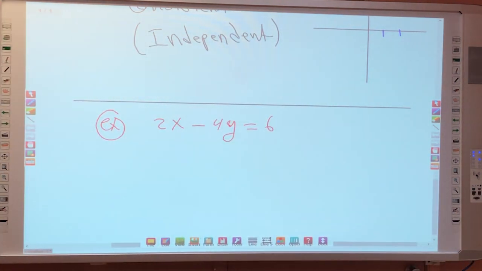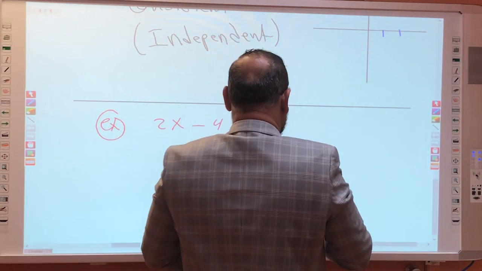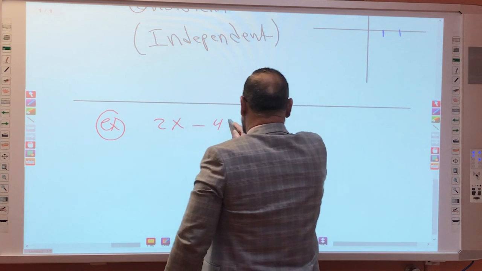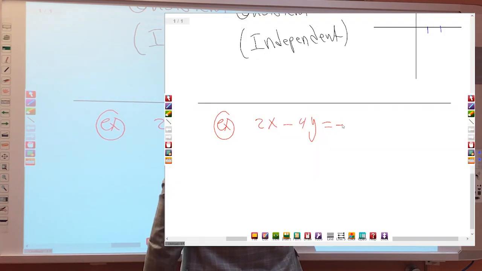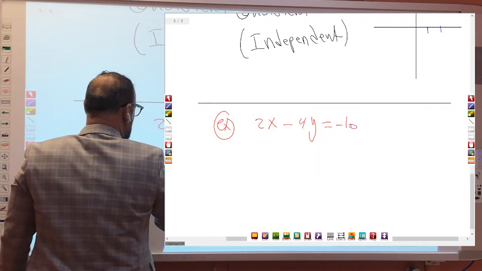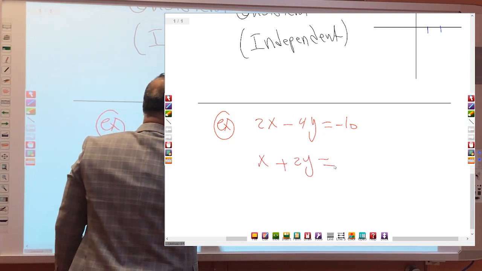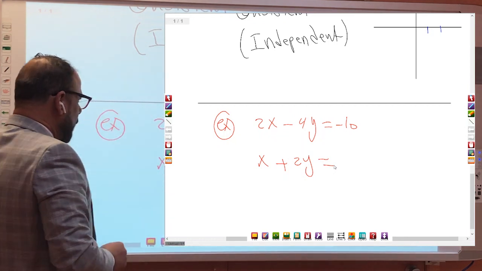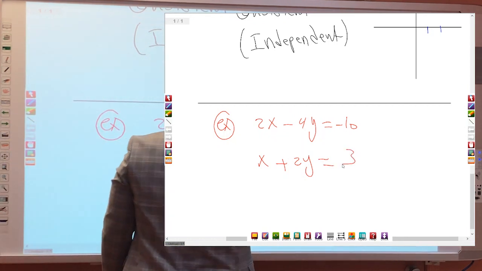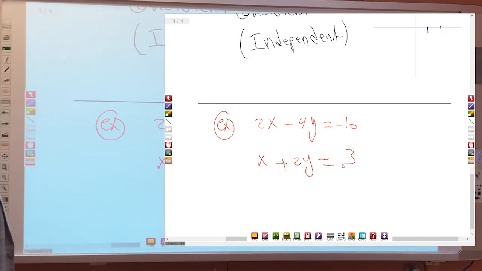Let me change the 6 to negative 2, and let me fix the y: negative 10. And x plus 2y equals 3. Okay, I have two equations.